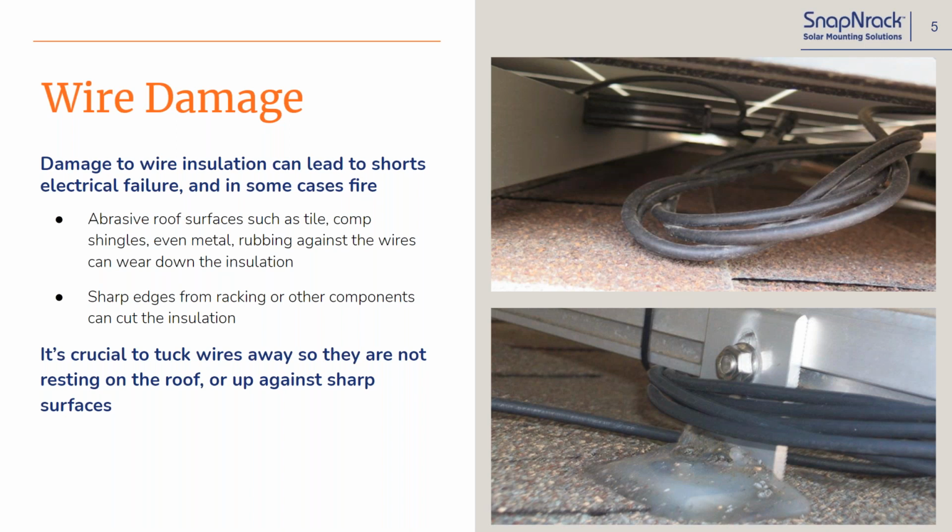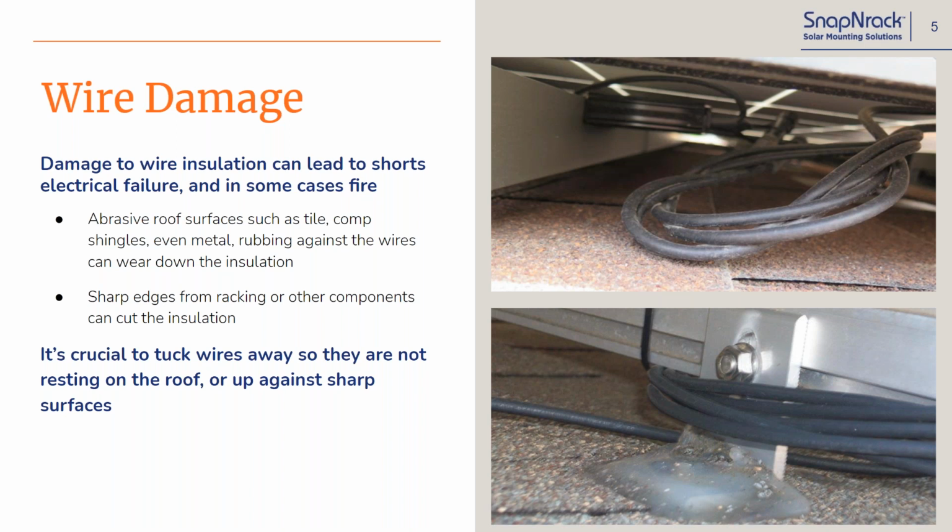You've also got the sharp edges of your racking system. No matter what manufacturer of rail or railless racking, they all have sharp 90-degree angle edges that wires can run across and easily rub and get pretty torn up.